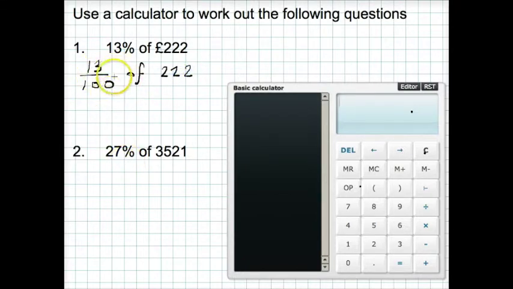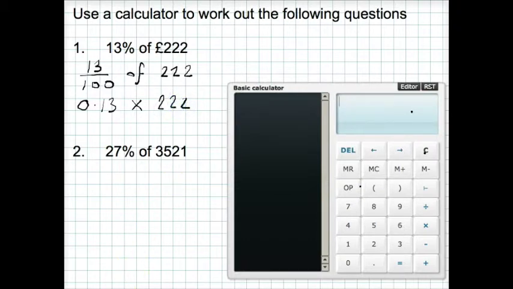Now I can change this into a decimal, because 13 divided by 100 as a decimal gives me 0.13. And in maths, of is the same as multiply. So I can write that as 0.13 times 222.